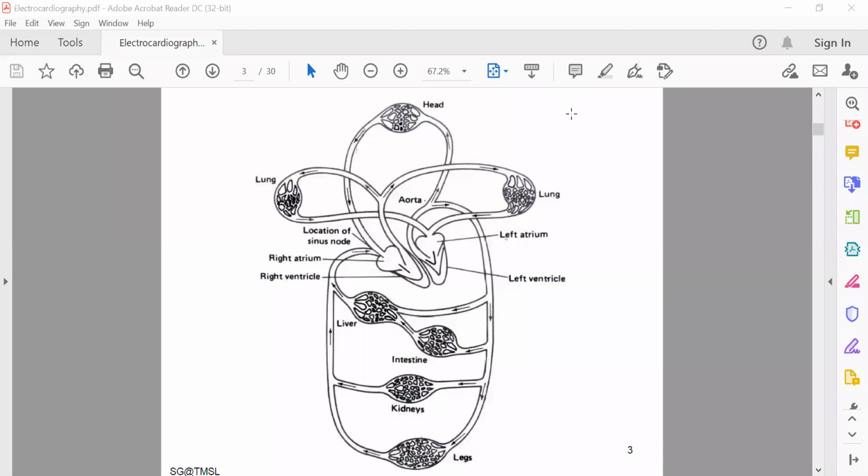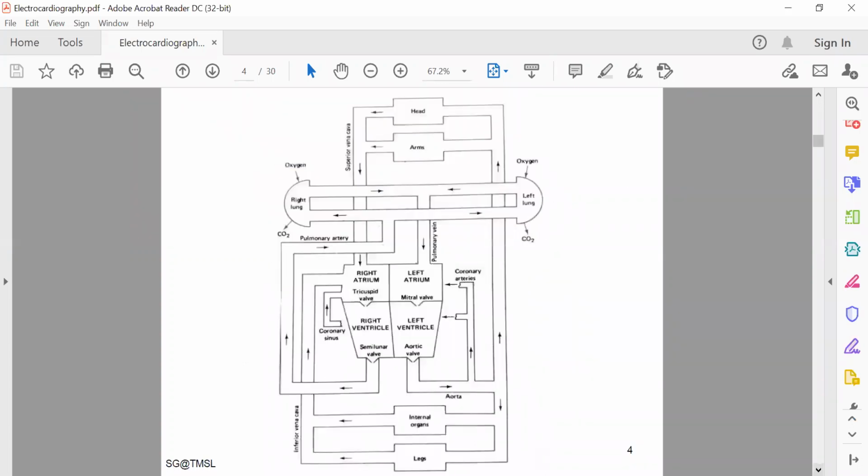Okay, so this cardiovascular system is composed of the heart, blood vessels, cells, and plasma, which makes up the blood. So this is the cardiovascular system representation, along with the equivalent engineering type, which is called the piping diagram of the heart.